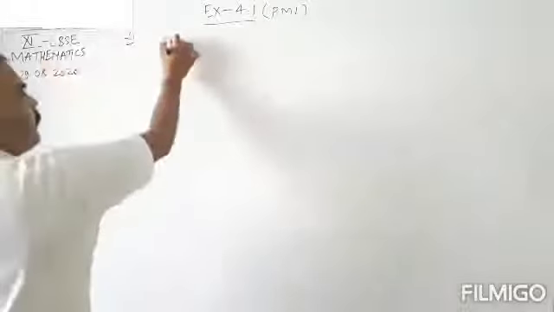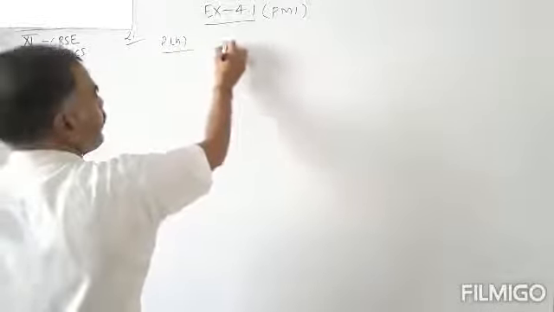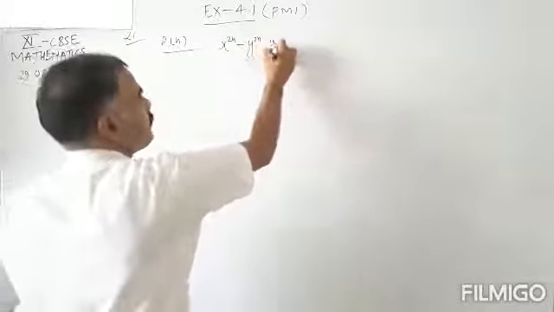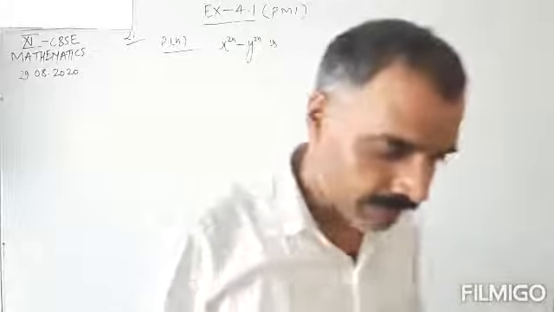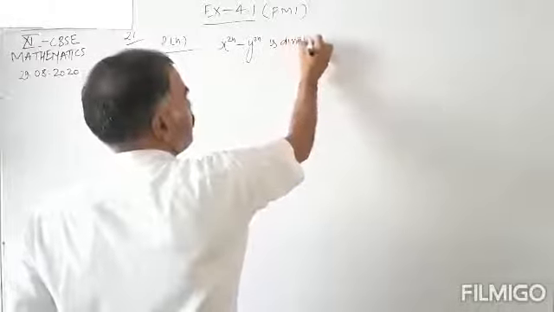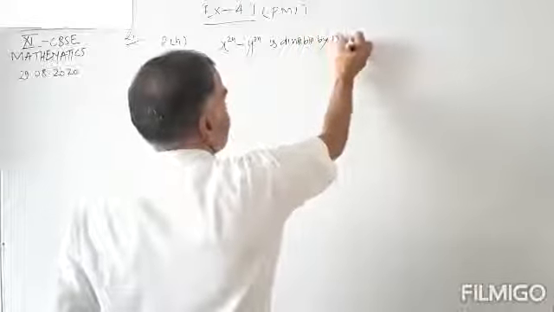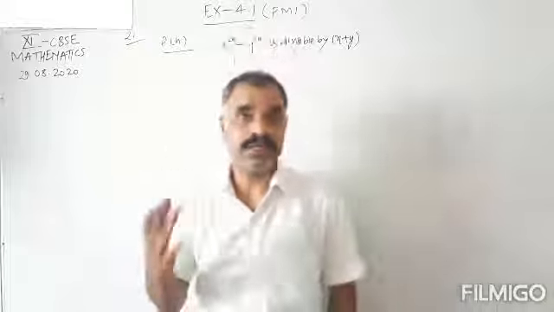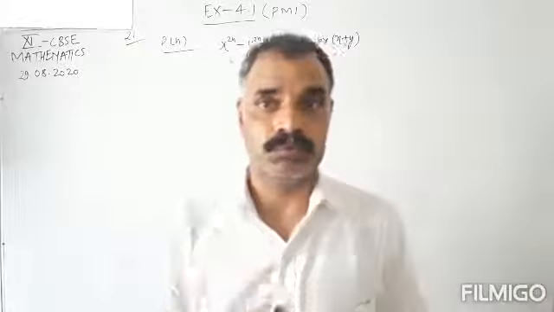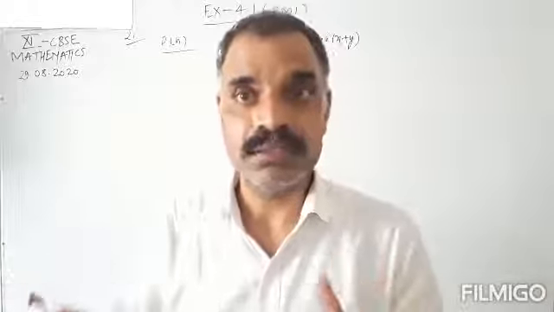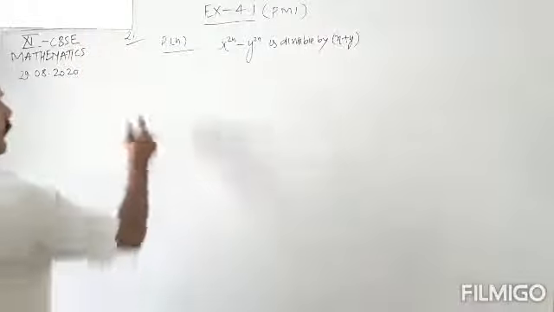The given mathematical statement is x to the power 2n minus y to the power 2n is divisible by x plus y. This is the question that we wanted to prove. Okay, so let us start with verification step. So verification.